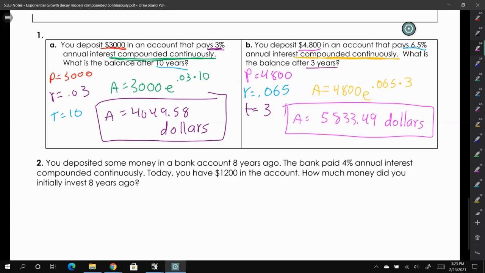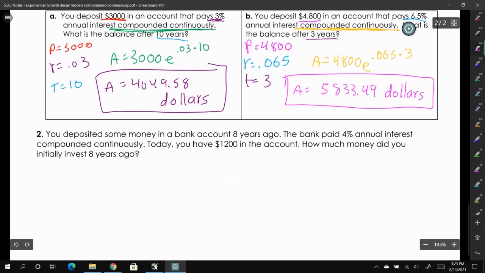Then our last example, you deposit some money in a bank account 8 years ago. The bank paid 4% annual interest, so R is 0.04, compounded continuously. So again, don't be fooled by annual interest.